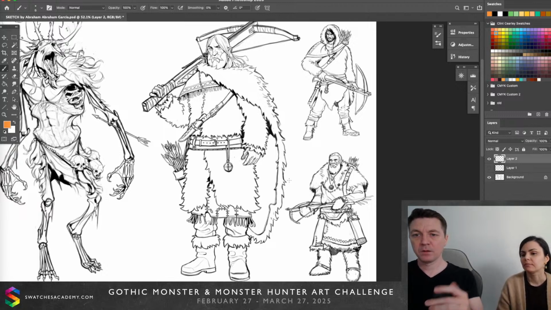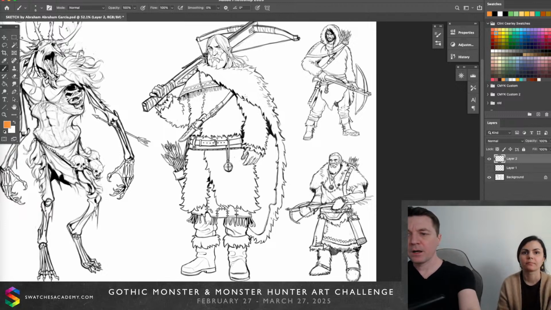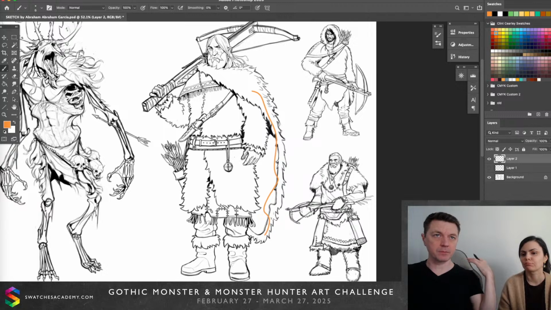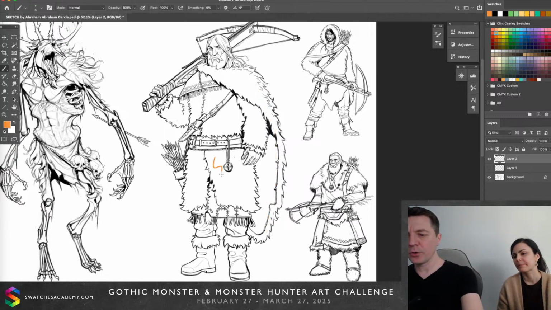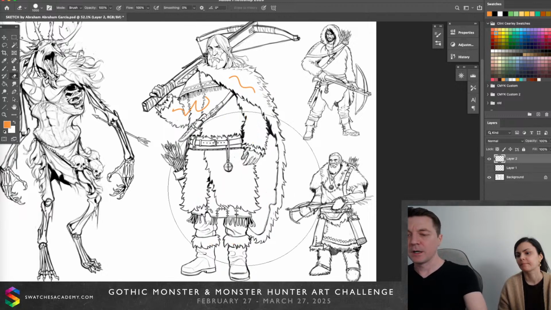Yeah. Next up, let's talk about some of the design. I follow the idea, and I like the idea that he's got a big fur mantle on, right? Cloak. Makes sense. But you're going to be painting a lot of fur. This is just going to be fur on fur on fur on fur on fur.